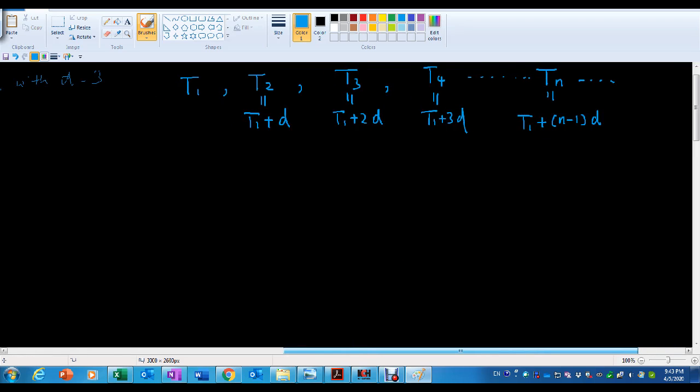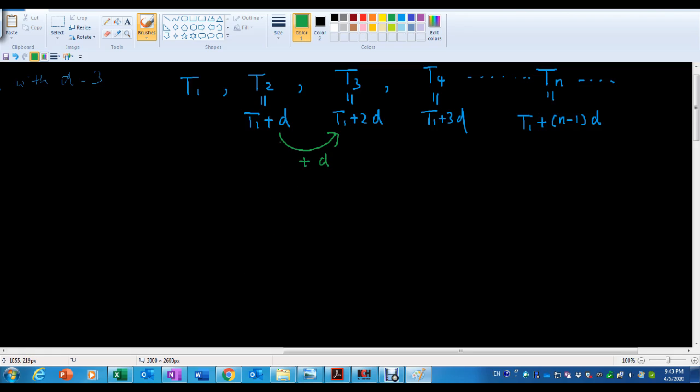But how about a more generalized explicit rule? Let's see if we are not going from the first term to the nth term. How about if we go from the second term to the third term? From the second term to the third term you add 1D, right?